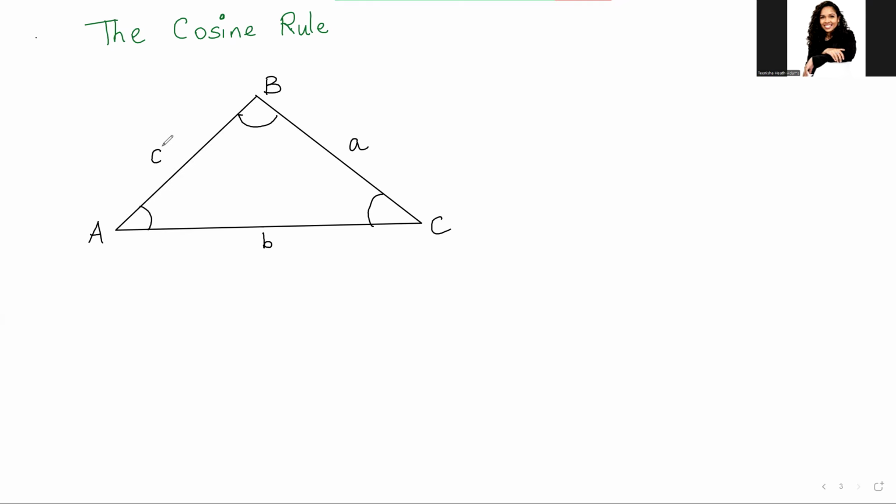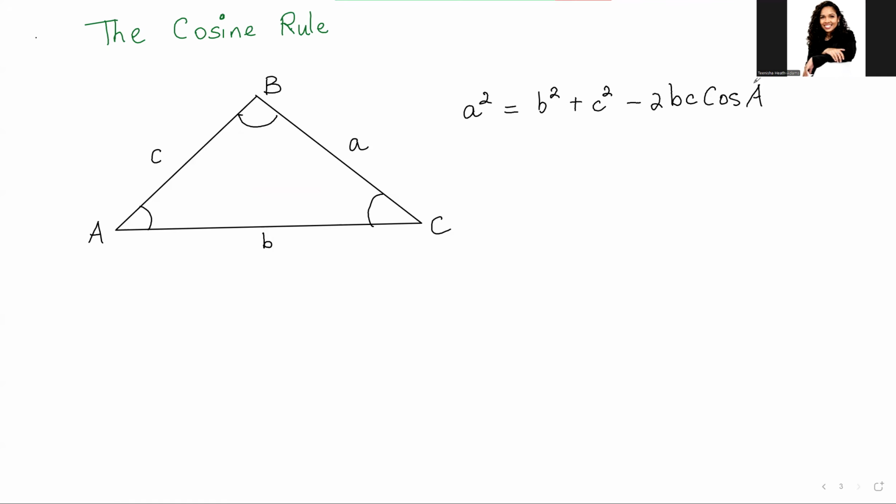The cosine rule is given as A squared, the unknown side or the side that you're trying to find, is equal to the sum of the squares of the other two sides minus 2 times the product of the other two sides by the cos of the corresponding angle of the side you're trying to find.